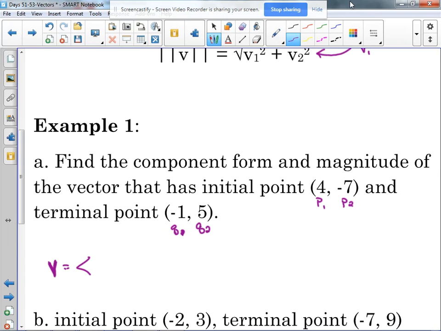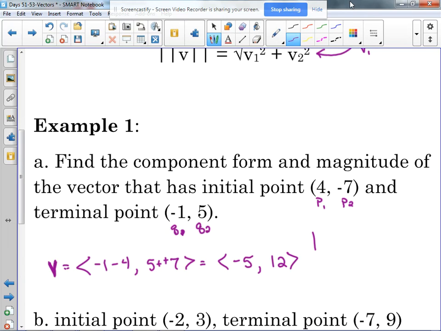I'm going to show the work the first few times just so that when you look back, you know what happened. -1 minus 4, comma, 5 minus -7. And really, just like with slope, because that's kind of what we're doing here, subtracting the x's, subtracting the y's, the order technically doesn't matter. I could do 4 minus -1. I'm going to get the same number. We're going to get -5, and we're going to get positive 12. Okay, so that's the component form, -5, positive 12.